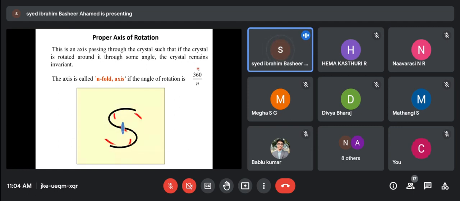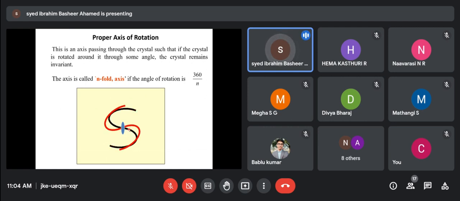All right, so here you can see the axis through which you are rotating is like N4. So 360 divided by N, that is the N4 axis. I have to rotate this until I get a symmetrical thing. So this is 2-fold rotation, right?